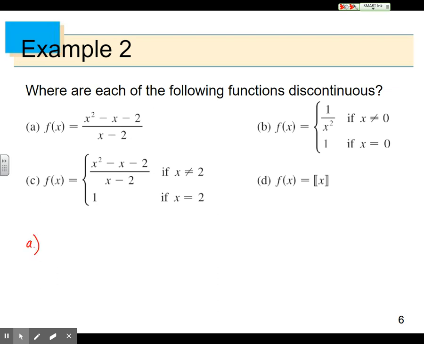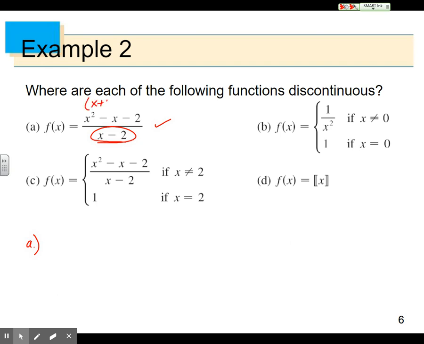All right. Let's look at A first. It wants to know where these are discontinuous. So on part A, we have a rational function here. What could make something discontinuous on a rational function? Well, it could be the fact that there's a vertical asymptote here.